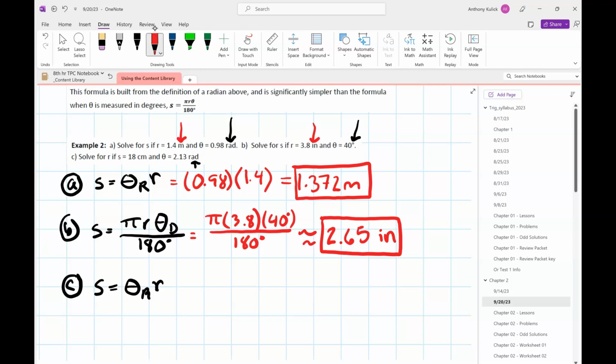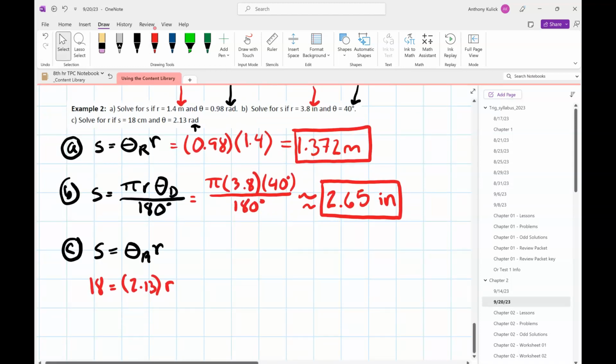Now, in this case, we're given S and theta and asked to solve for R. Everybody's cool? How do I get R by itself?